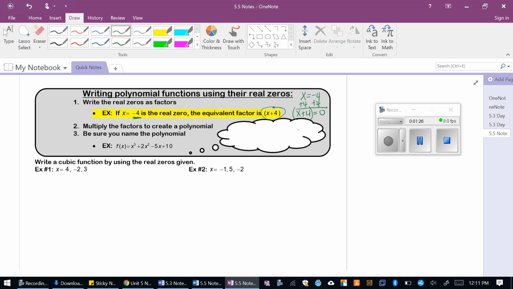This process is essentially the reverse process of finding zeros.